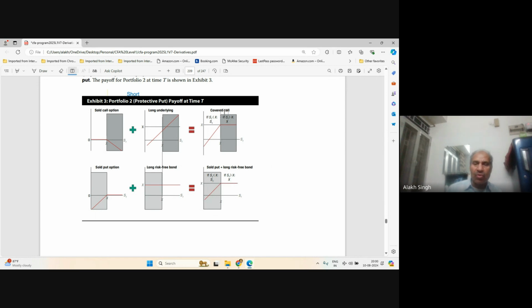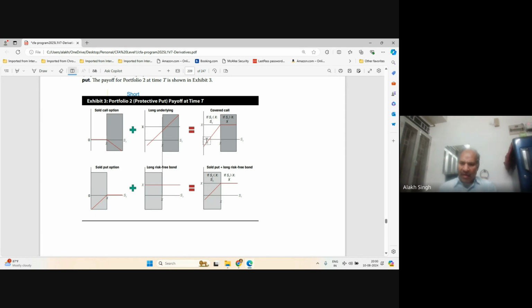That's why it is called covered call. Covered call means there is no credit risk in the call. The seller of the call also owns the underlying, so the buyer of the call is protected from credit risk. So in covered call, the underlying is bought and the call is sold.